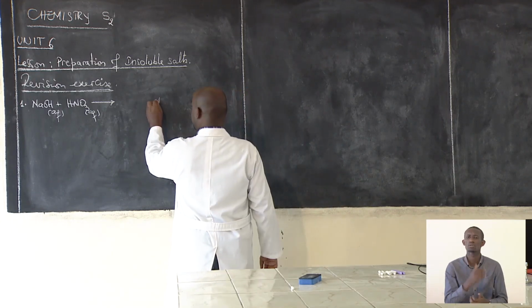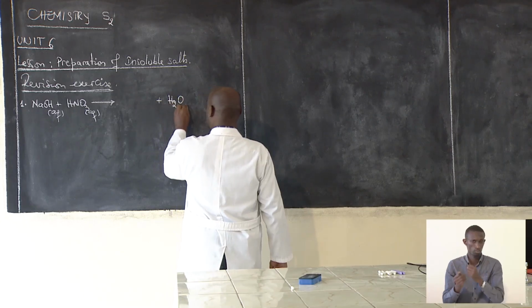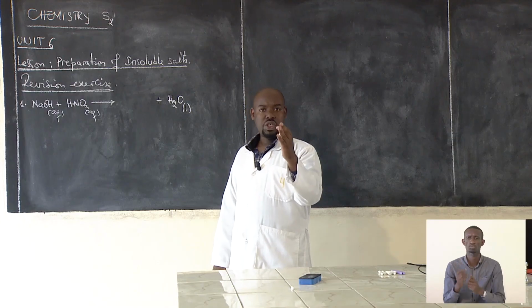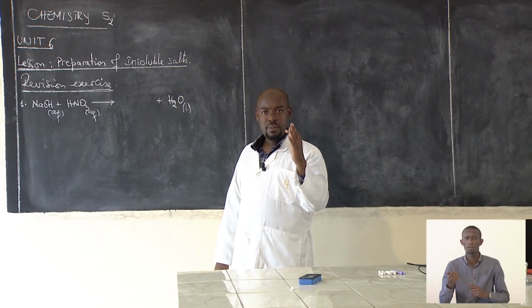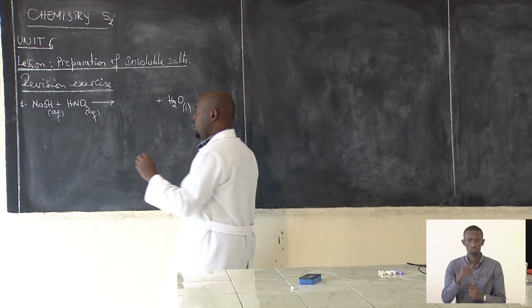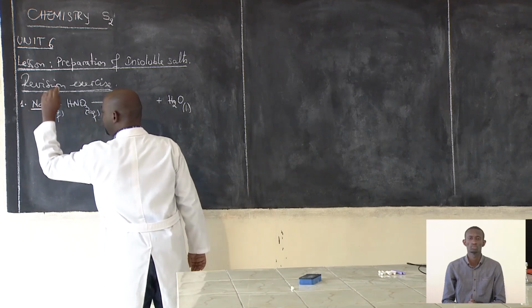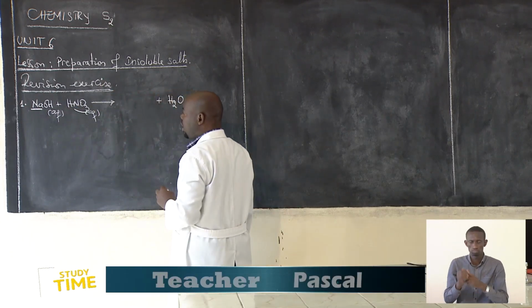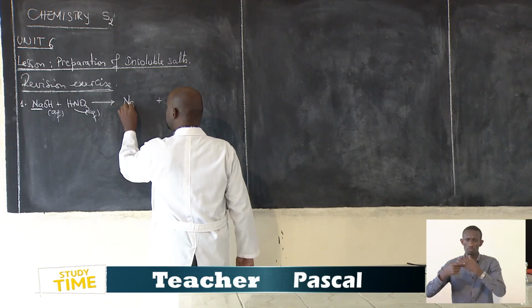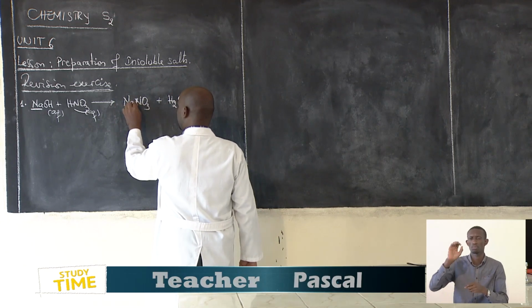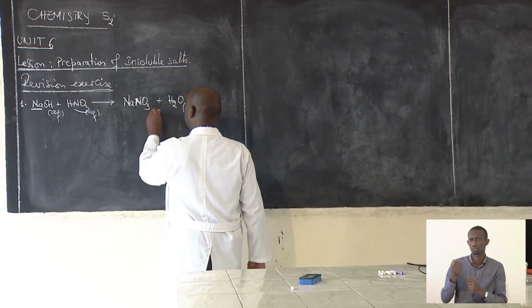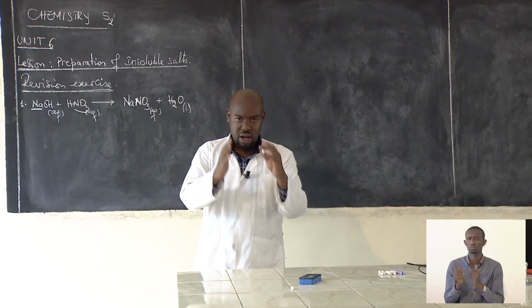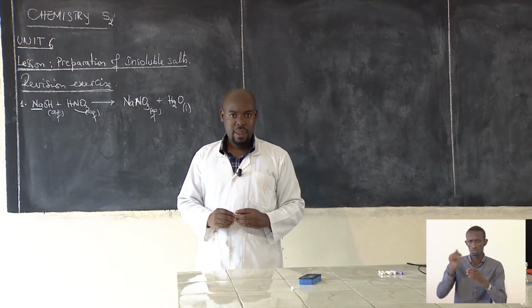So the first product here is water, which will be in the liquid state, and the second product, which will be a salt, is, we know that the positive part from the base will combine with the negative part from the acid, and then we get sodium nitrate. As we know, all nitrates are soluble, so sodium nitrate will be in the aqueous form, dissolved in water.